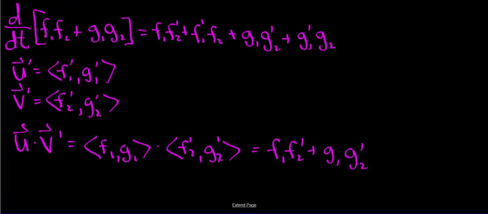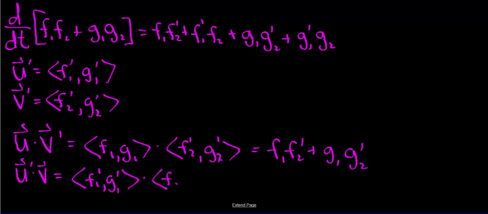Now let's do u prime dot v. Let's see what that looks like. U prime is f1 prime, g1 prime, dot v, which is f2, g2.